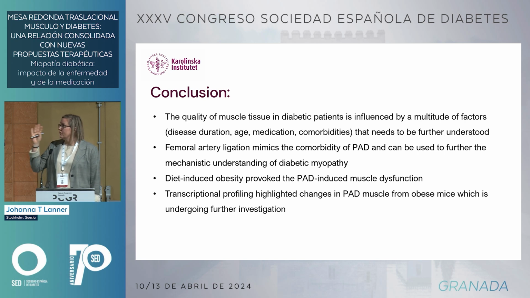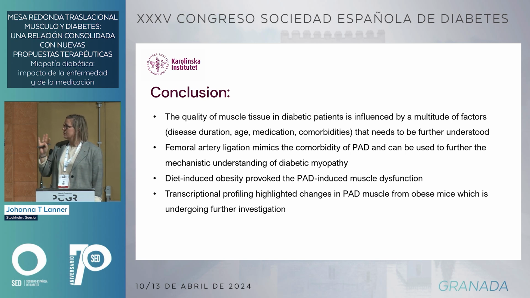And we can also, from the data we have, say that the femoral artery can work as a proxy for PAD, and we think that's important to further understand how this diabetic myopathy affects the muscle. You can provoke this diabetic myopathy even further with diet-induced obesity when working with animal models.